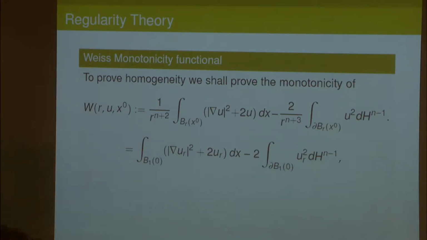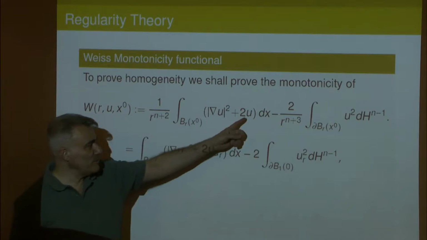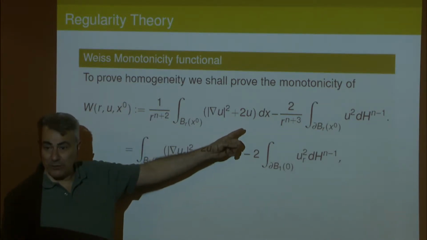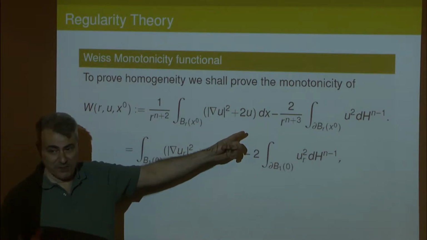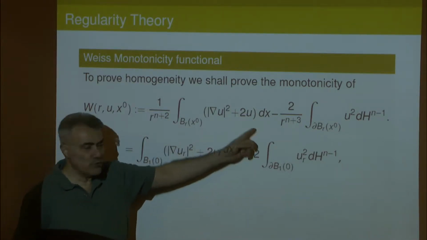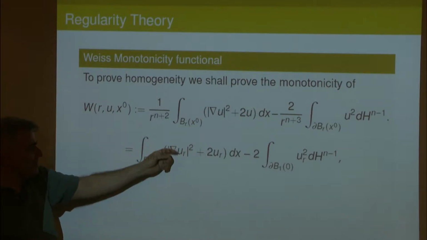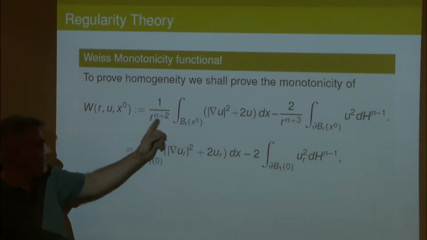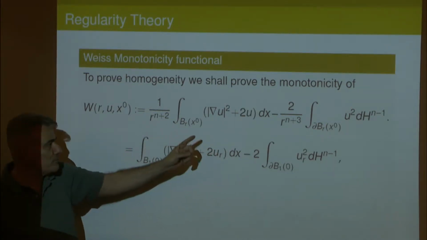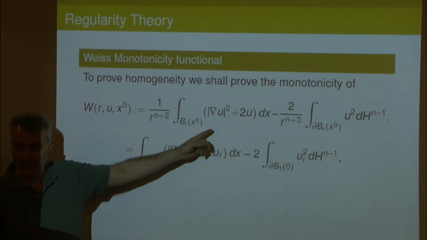If it's homogeneous of degree 2, what does it mean? It means u is like r to power 2. If it is homogeneous, we don't know that, but that's the best scenario. It's r to power 2. Then you have a 2 here that balances. Then you have the volume, and then n. If u is homogeneous of degree 2, the gradient is homogeneous of degree 1.